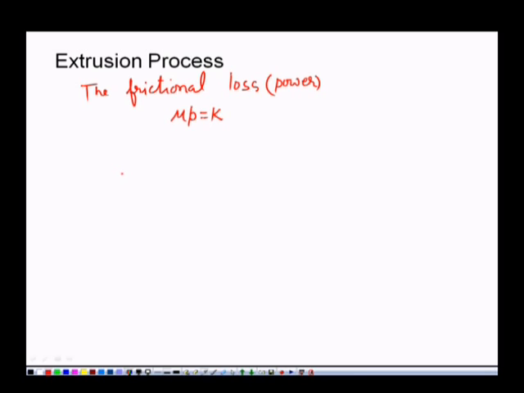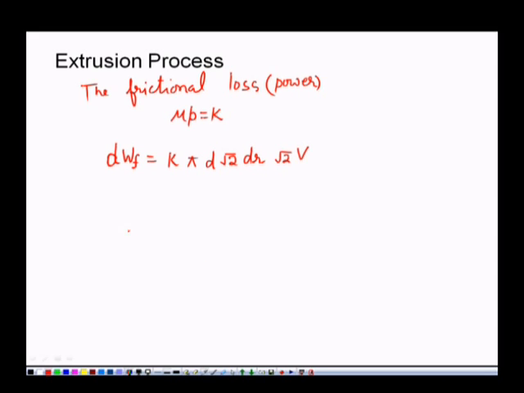For that, the frictional power loss would be equal to this K mu P, that is pi d root 2 dr under root 2 into velocity.